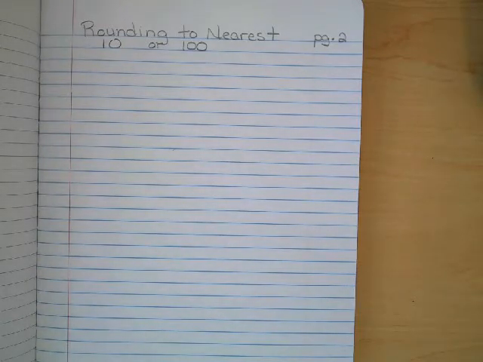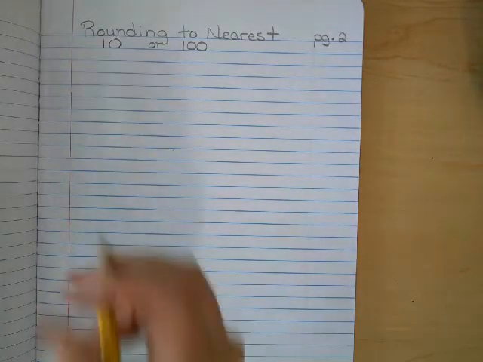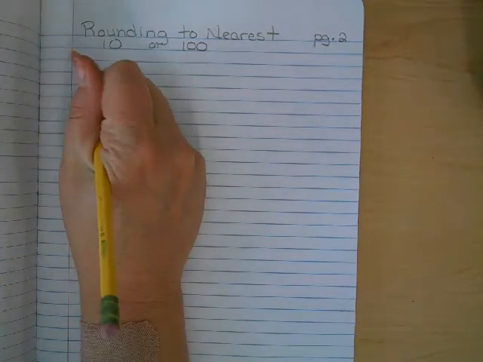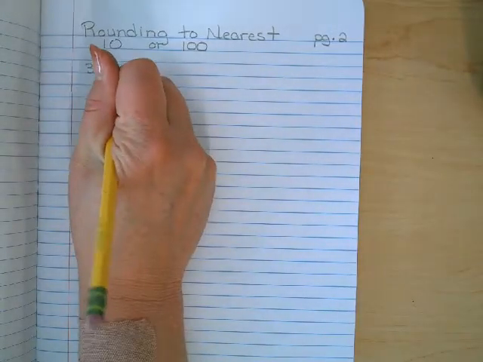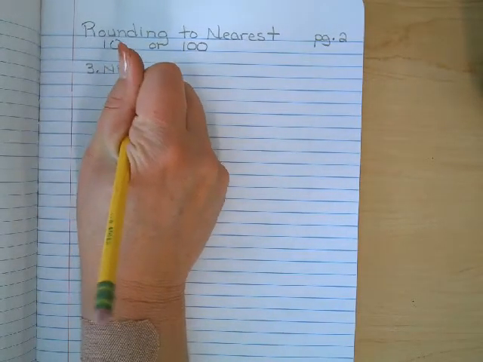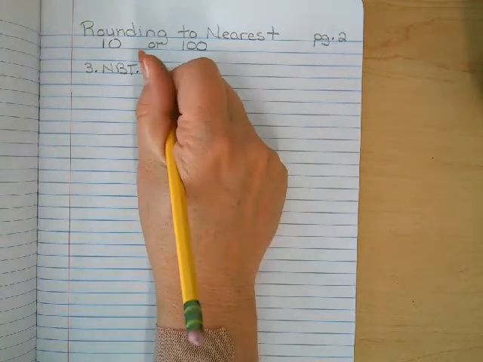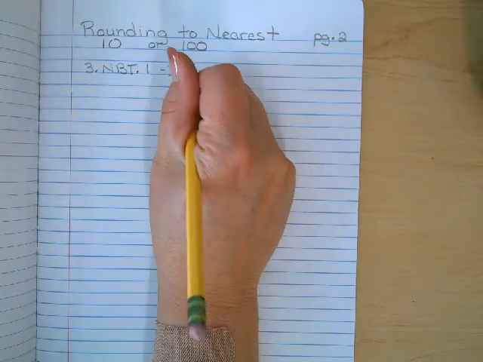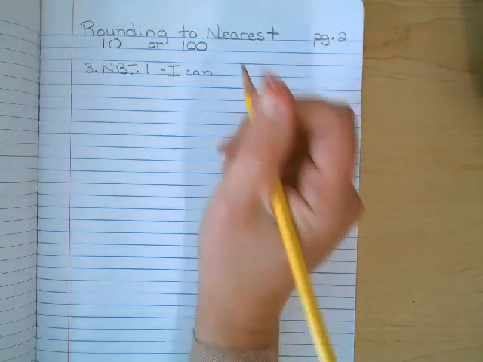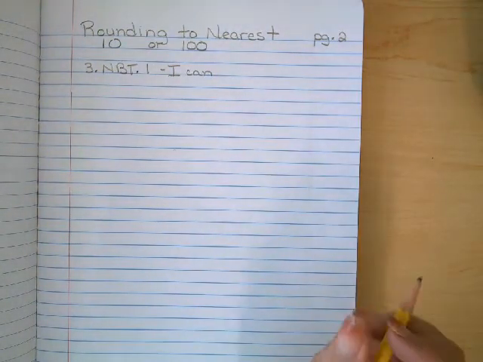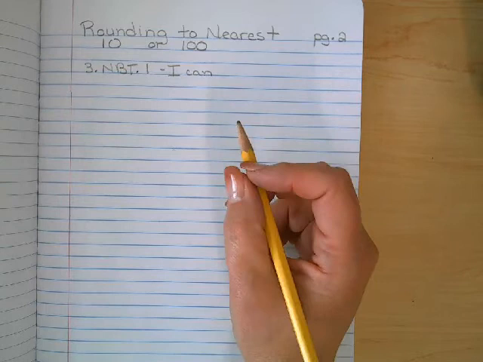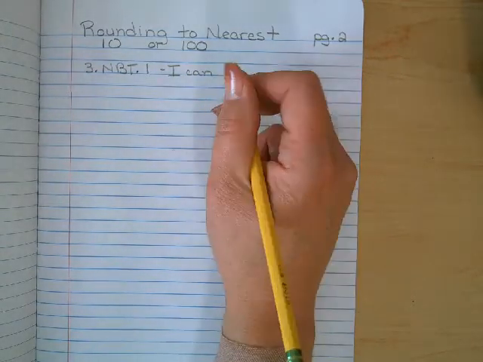Okay, so we're going to start off with our standard, and that's going to be 3.NBT.1, and we are going to write an I can statement, which means what can you or what should you be able to do when you're finished learning about rounding.